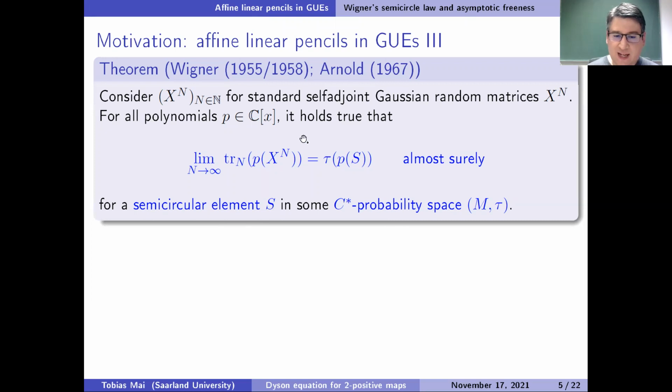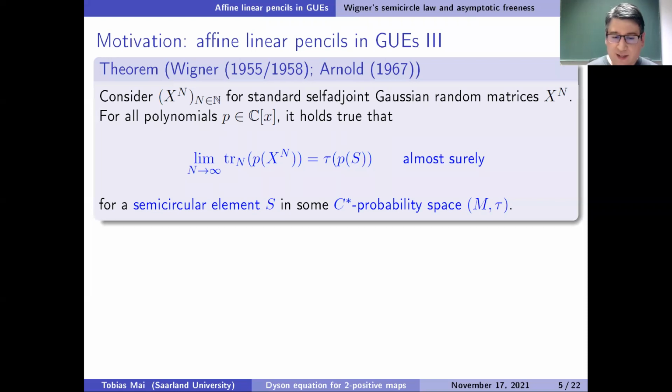So here I'm just saying that this Wigner semicircle law simply says that the normalized trace of a polynomial in my Gaussian random matrix converges to the same polynomial evaluated in the semicircular element under the expectation almost surely. So it's precisely the same result. All I did is just rephrasing the right-hand side, this integral with respect to the semicircular distribution, as the expectation of a polynomial in a semicircular element.